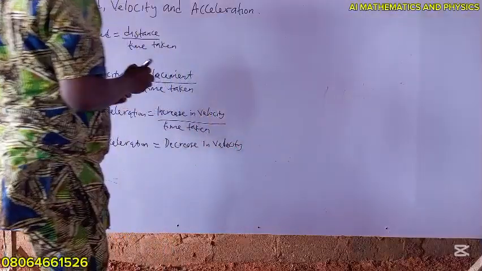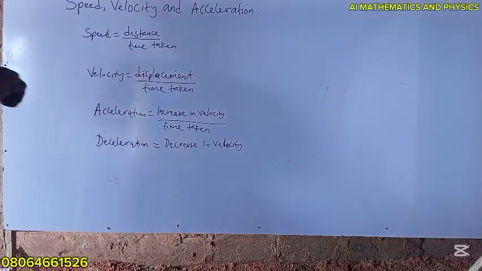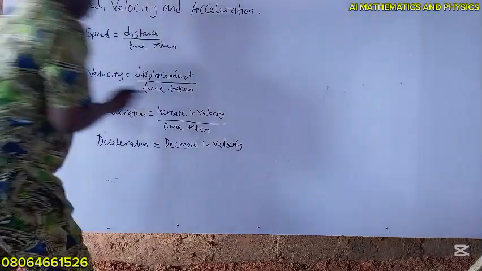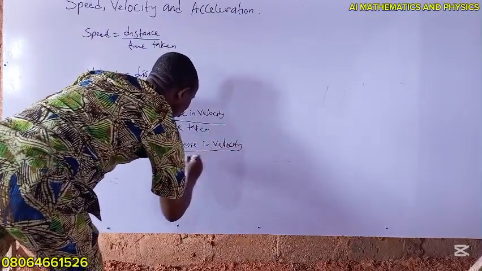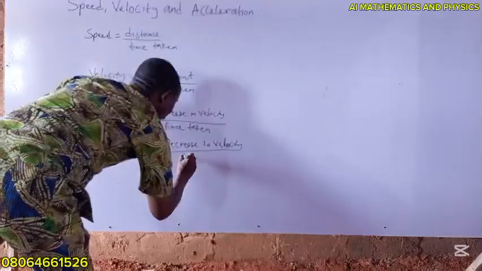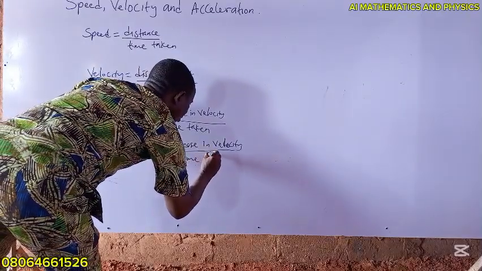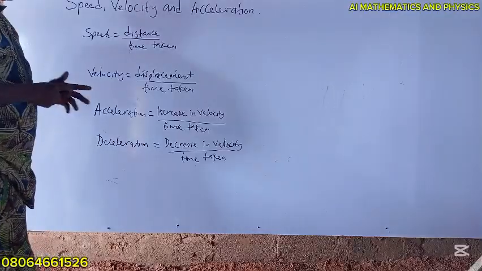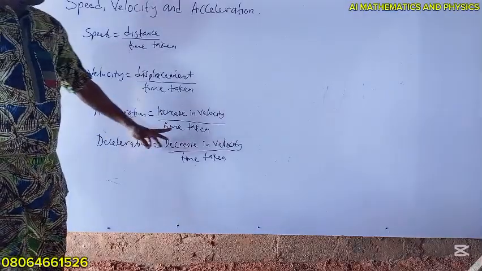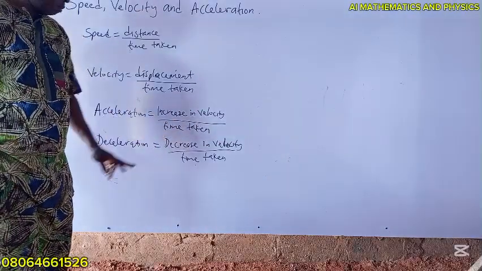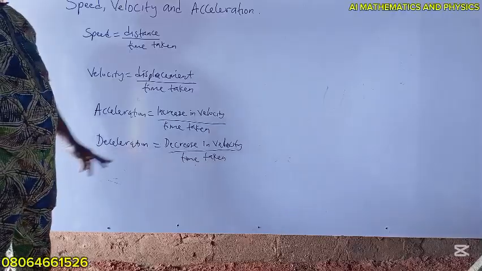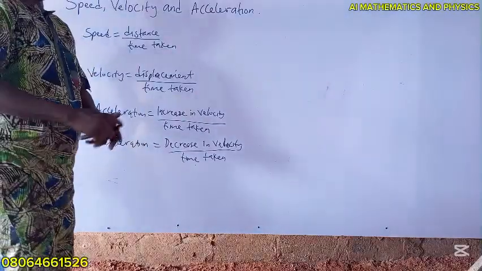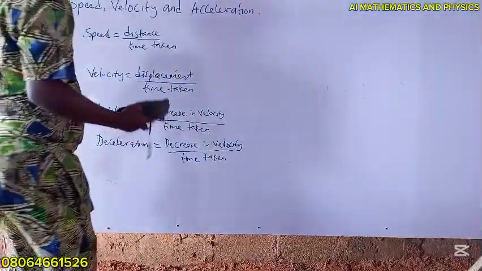So when velocity decreases, we have a deceleration, over time taken. Which means when we have acceleration, we have increase in velocity over time taken, and when we have deceleration, we have decrease in velocity over time taken. So that's that.